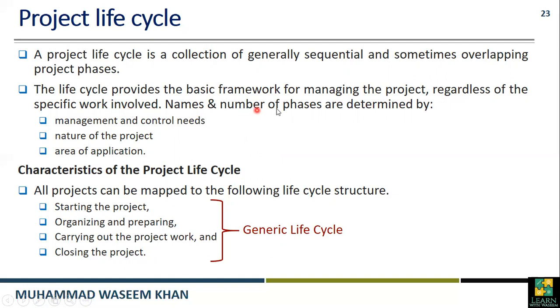The names and number of phases are determined by management and control needs, or the nature of the project, or the area of application.